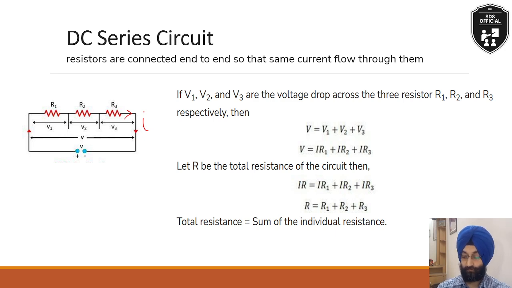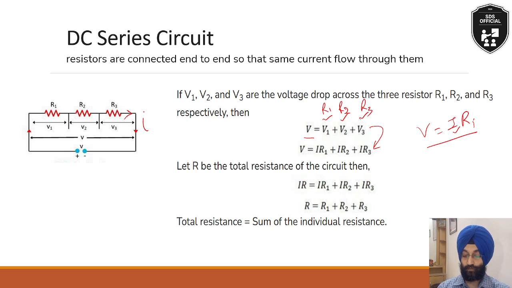So the total voltage is equal to the combination of voltages across the resistors. V1 is voltage across R1, V2 is voltage across R2 and V3 is the voltage across R3. Now, according to Ohm's law, which we will study in detail in the later sections, V is equal to IR. If the resistance is R1, current is same, the same equation can be written in this form.